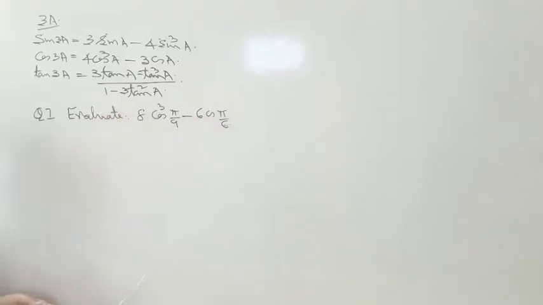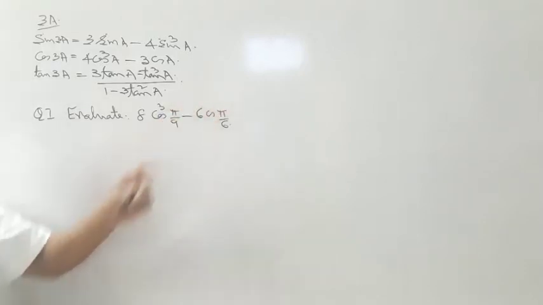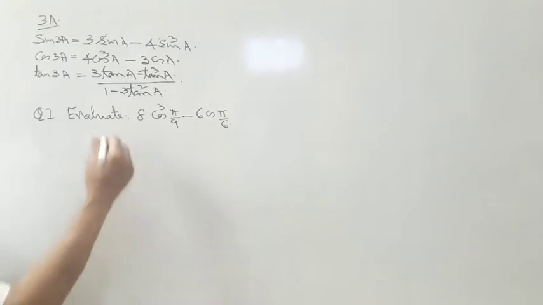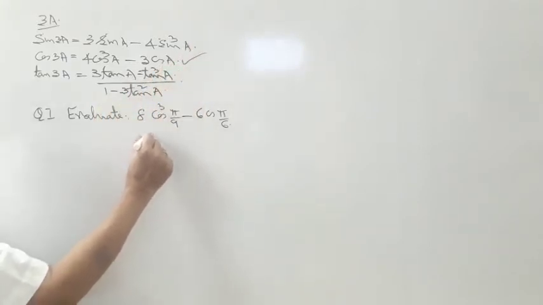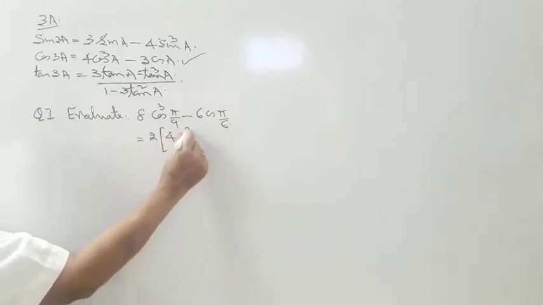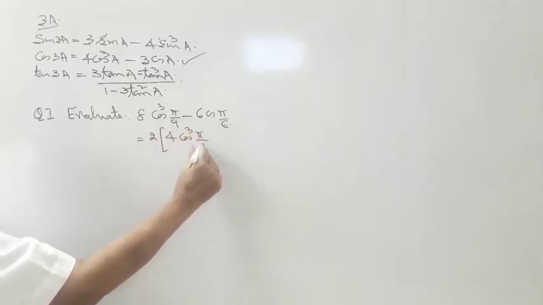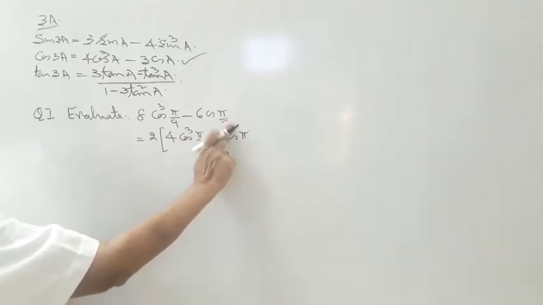It is very simple, an application of cos 3 theta. I take out 2 as common. It becomes 4 cos cube pi by 9 minus 3 cos pi by 9.